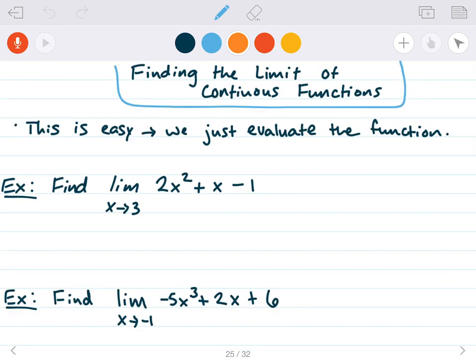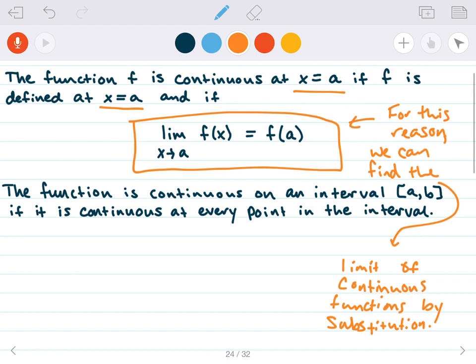So remember, we talked about continuous functions, what they are. Basically, if you don't have a variable in a denominator and if you don't have a radical, you can assume that the function is pretty much continuous if you're given an equation, or an expression rather. So for example, polynomial functions are continuous, such as this one that we have right here. And since that's the case, the limit is going to equal f of 3 by this definition right here.